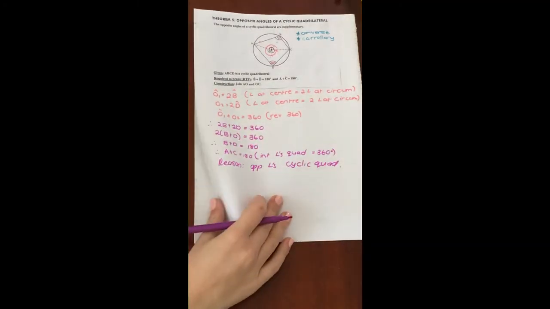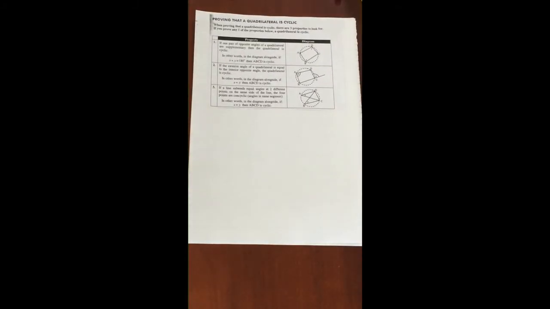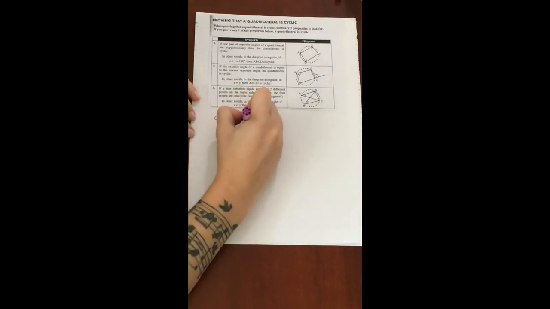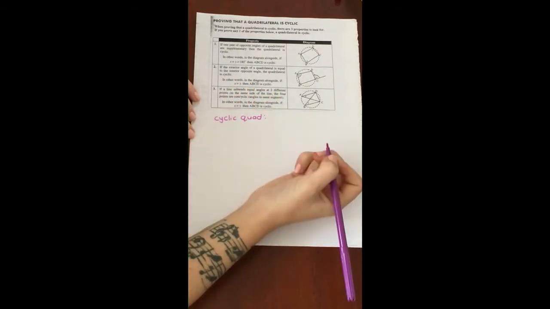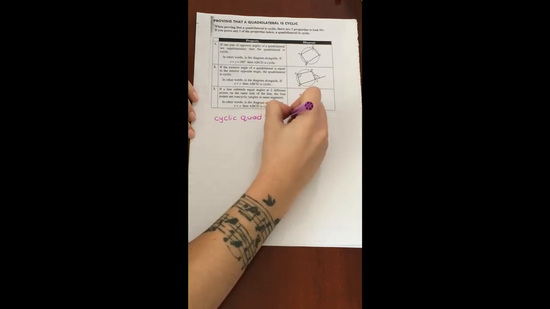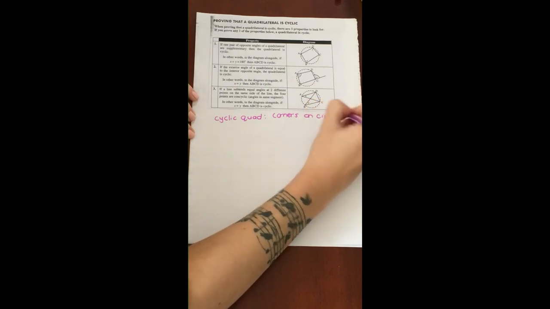Okay. So let us now actually look at proving that something is a cyclic quadrilateral. We've heard a lot about it. Now let's just go through the 3 ways that we are able to do this. So remember, I'm going to write it here. A cyclic quad, right? What is it? All the vertices or all the corners are on the circumference.